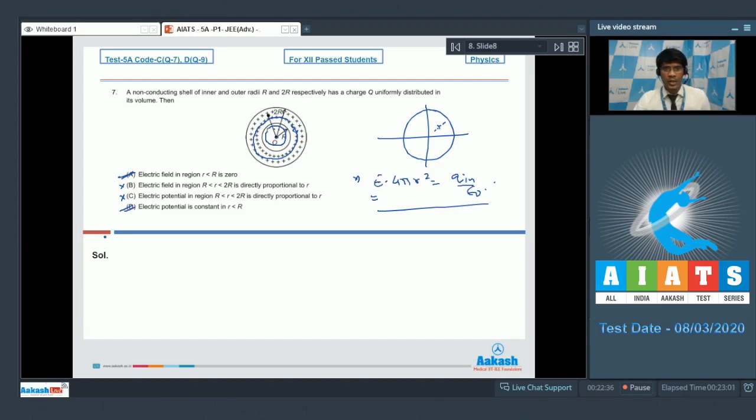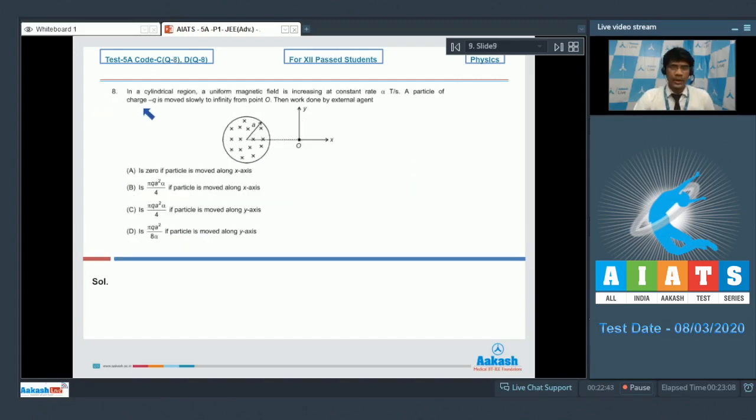Now let's proceed to question number 8. Here, in a cylindrical region, a uniform magnetic field is increasing at a constant rate α tesla per second. A particle of charge −q is moved slowly to infinity from point O. Then the work done by the external agent is? The field at this region, anywhere here, would be circular.